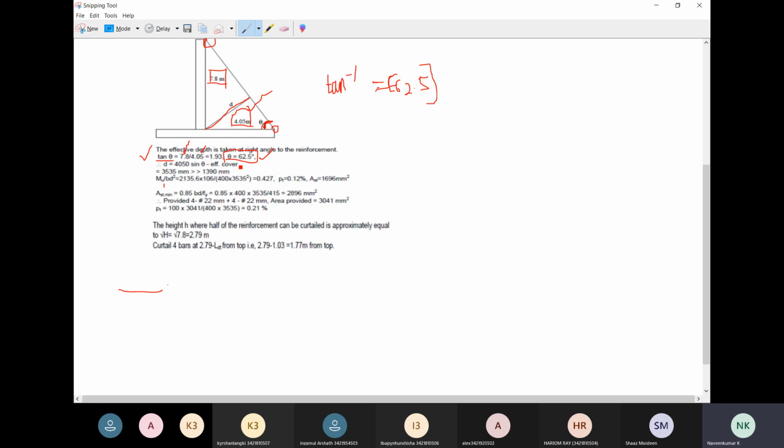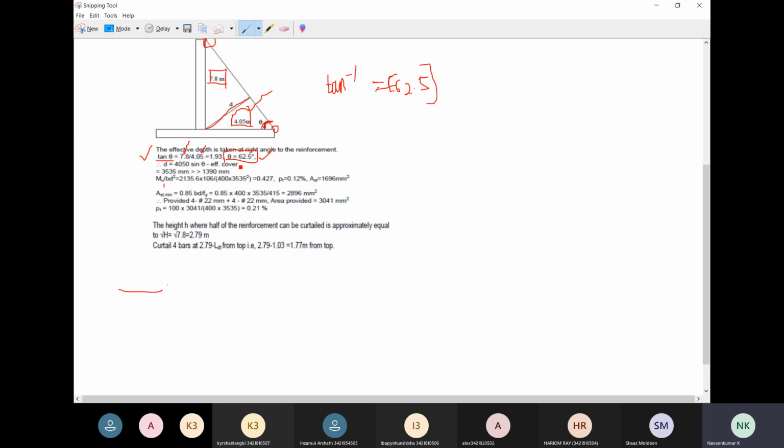The effective cover depends upon the structural element. If you consider a beam, that is different. If you consider a column, that is different. Likewise for the counterfort, you can take an effective cover of probably 25 mm to 30 mm.